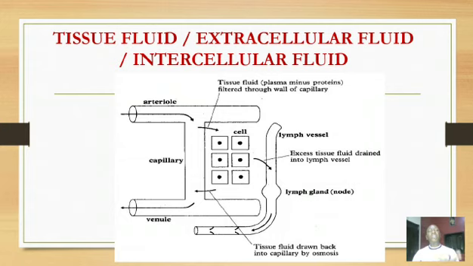But those that cannot pass through the walls of the capillaries include the red blood cells, because they are large. They also include some large plasma proteins. There are some plasma proteins that are large, big. Therefore, they cannot pass through the walls of the capillaries.